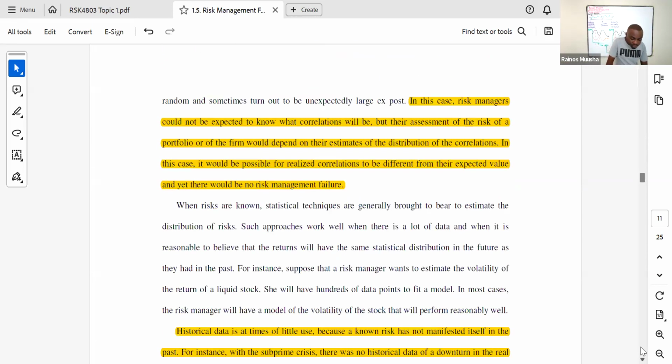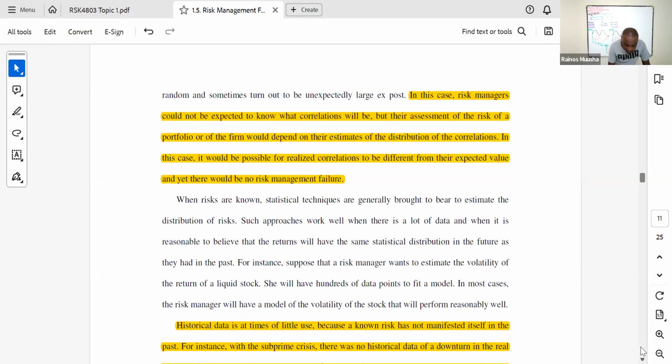Here they also say, in this case, the risk managers could not be expected to know what correlations would be, but their assessment of the risk of a portfolio or of the firm would depend on their estimates of the distribution of the correlations. So it would be possible for realized correlations to be different from their expected value, and yet there would be no risk management failure.